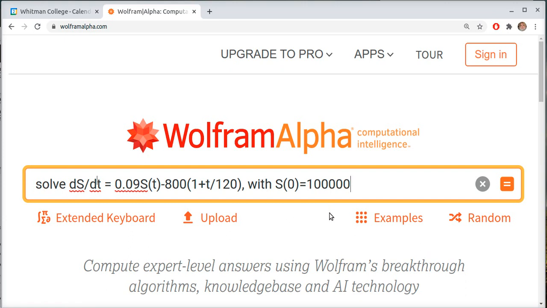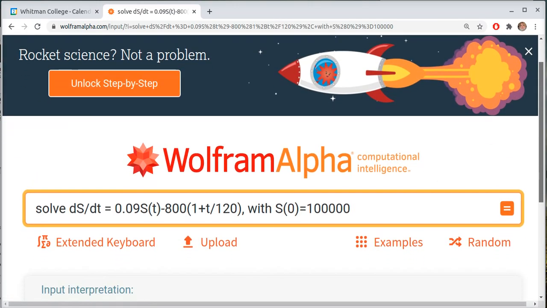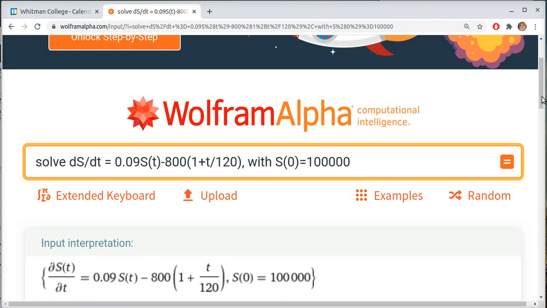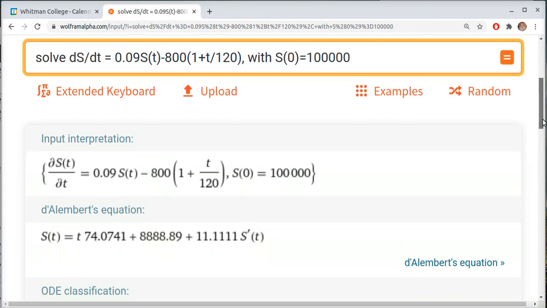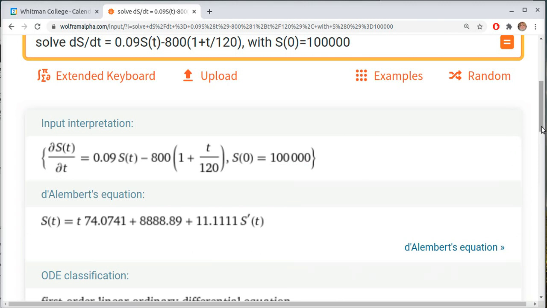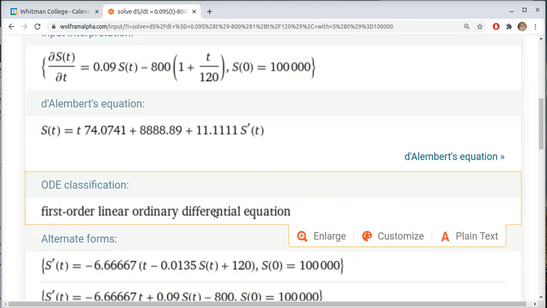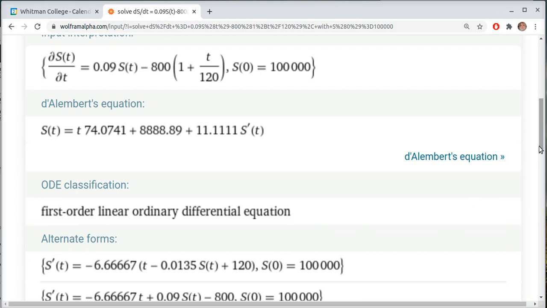Okay, let's see what Wolfram Alpha can do. I haven't done this before, so we're going to learn together. Oh, well, I don't want rocket science. It actually assumed that this was going to be a partial differential equation for some reason. There he goes. First order linear ordinary differential equation, that's correct.